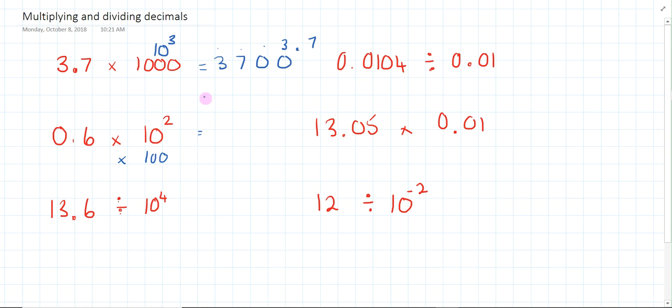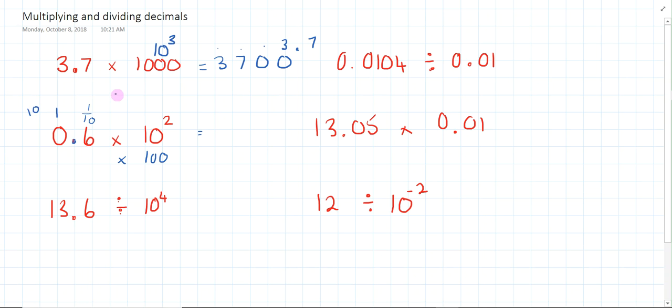So the 0.6 goes from being in the tenths column. If it moves 2 columns up, it goes from the tenths to the units to the tens column. Okay, and those little ones are helping us.